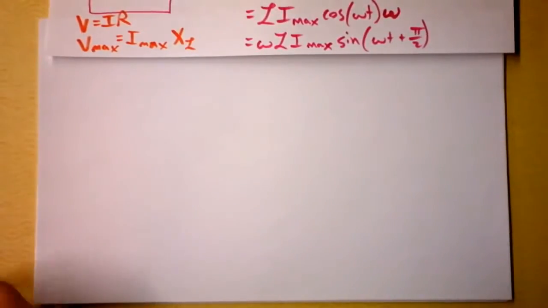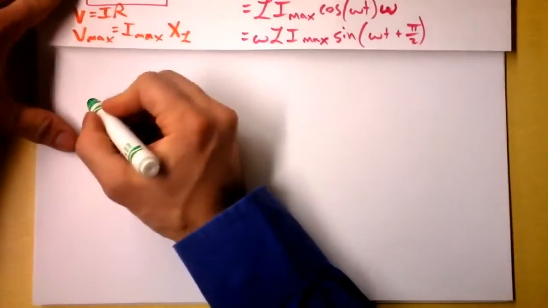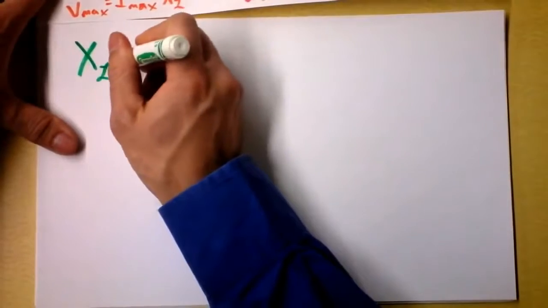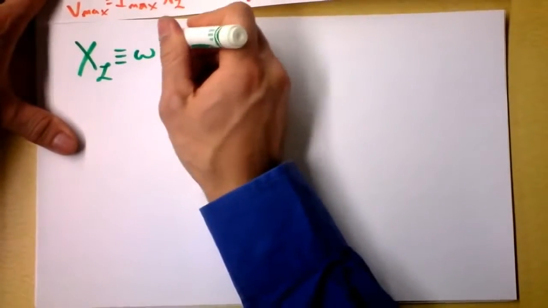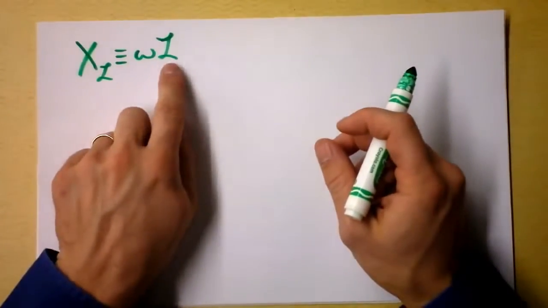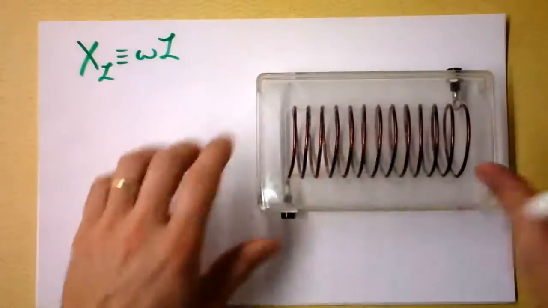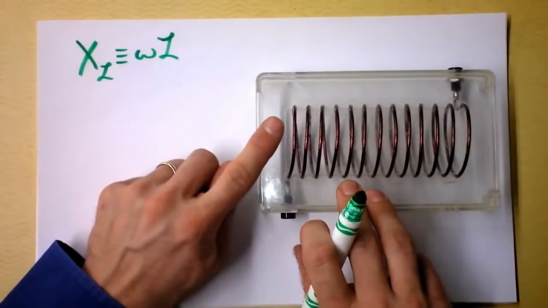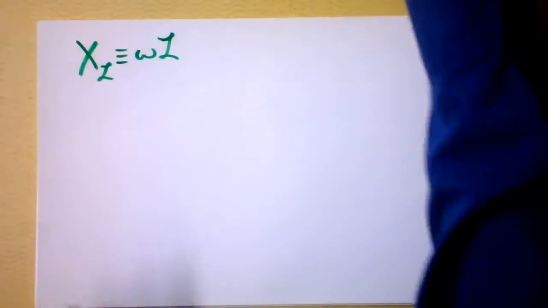I've got this equation right here, and I need to define inductive reactance. Inductive reactance is simply omega times the inductance of my inductor. That means that the bigger the inductor you have, the more it reacts with the circuit. That's the opposite of a capacitor. Remember capacitive reactance?